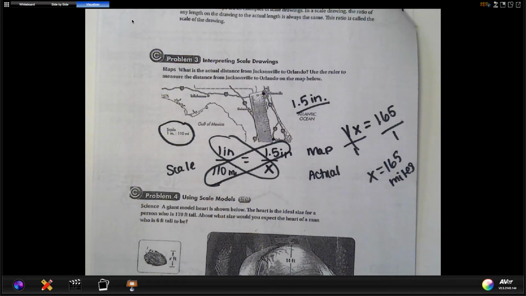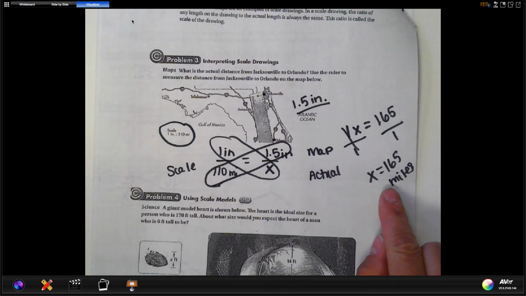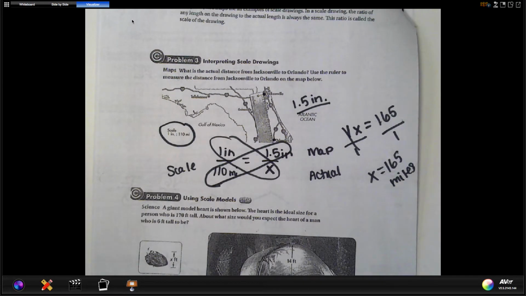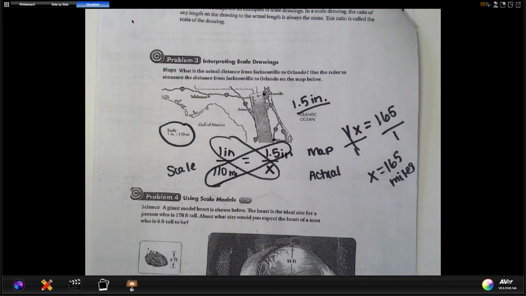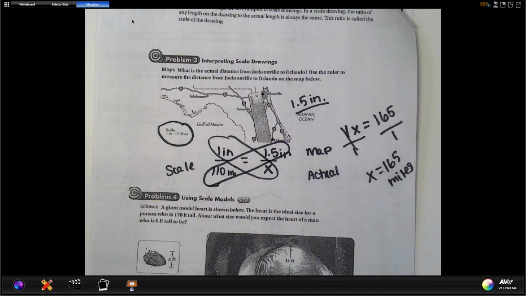And so if you don't know how far you're going and you don't know the distance between gas stations, especially like if you're traveling through the desert, that could mean life and death for you, right? So you want to figure out that stuff. Now, there's technology now that really gives you those answers, but it's important to know how they actually do it. If you put in a GPS, that's what they're doing, okay? It's doing proportions in that GPS.